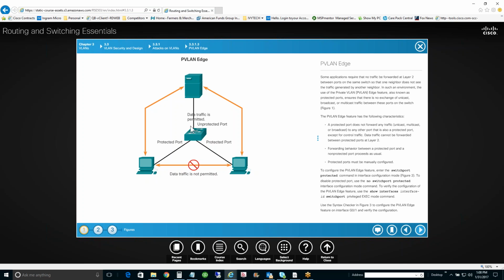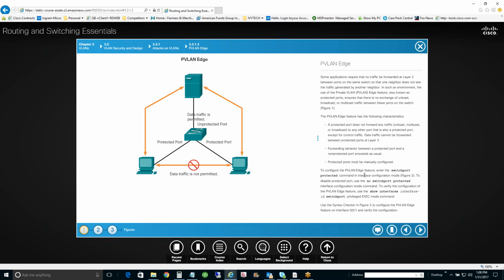Then you only make unprotected the port on the switch from which you want the data traffic to egress. So if you've got a server up here and you have two clients, you can set those two client access ports as protected and the server port as unprotected. That way you're only allowing traffic back and forth in this manner or in this manner, but you're not allowing any traffic back and forth in this manner.